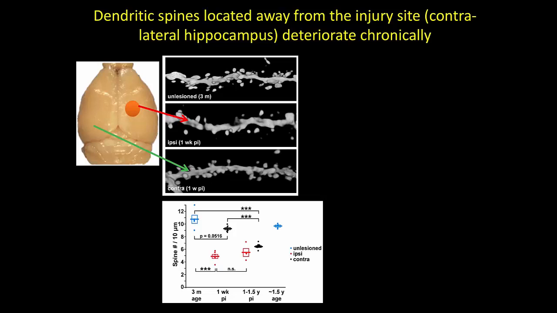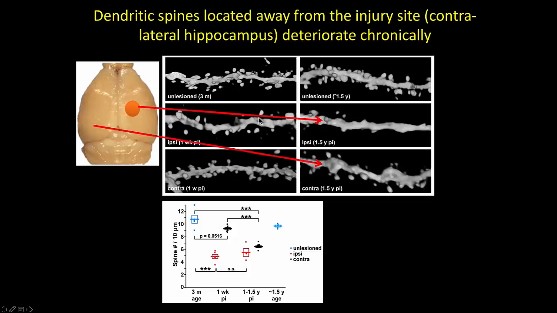First, you can see here 1 week post-injury the ipsilateral hippocampus. You can appreciate the clear reduction of dendritic spines compared to the unlesioned case. While if you look at the distal parts of the brain, the spines are preserved. There isn't really a significant change, also shown here in the quantification. And that is 1 week post-injury.